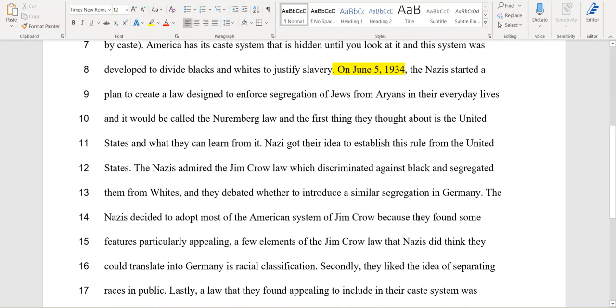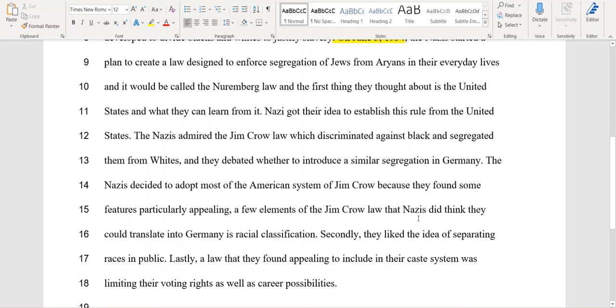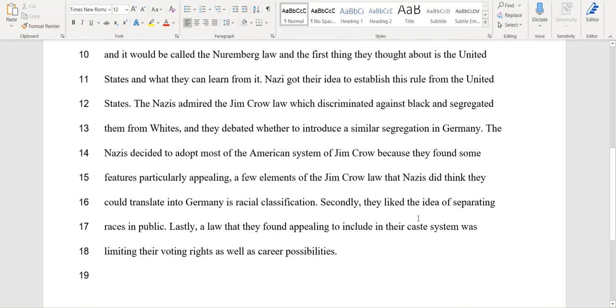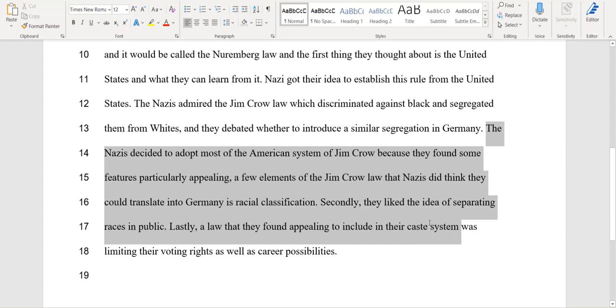Then a third thing that I liked was that this here is really the thesis statement.